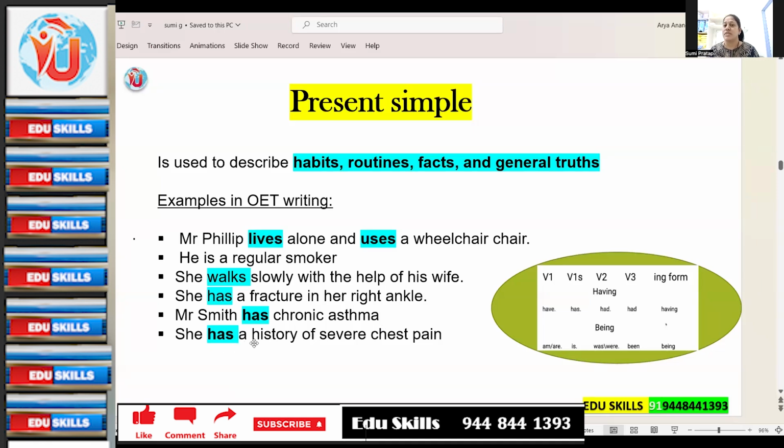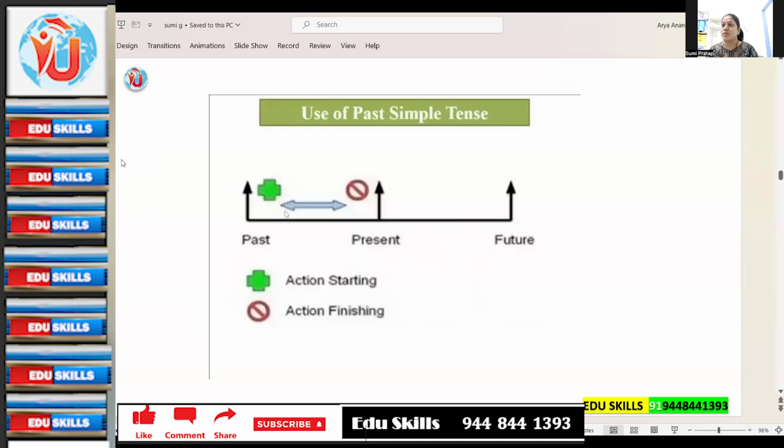Routine. Always he is having chronic asthma, so we can use it in this place. She has a history of, which means it did not start today, it started yesterday, and now also she is having severe chest pain. I hope present simple tense is clear for you all. So now we will go for the use of past simple tense.